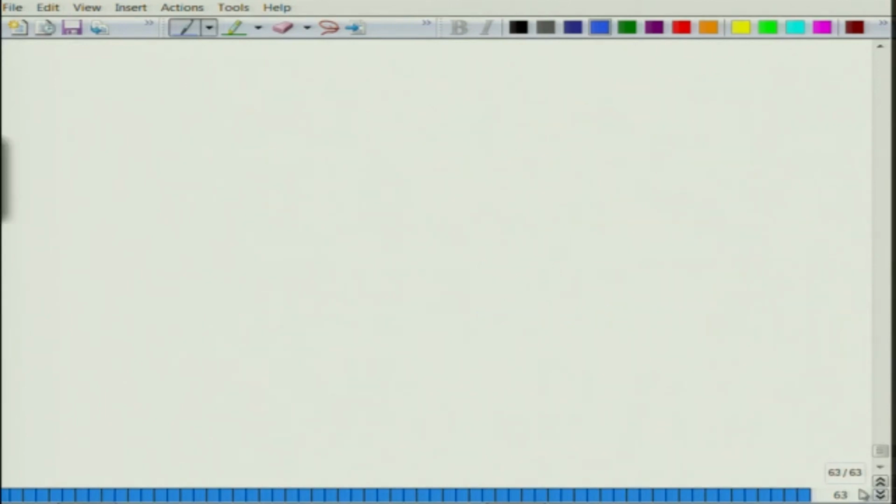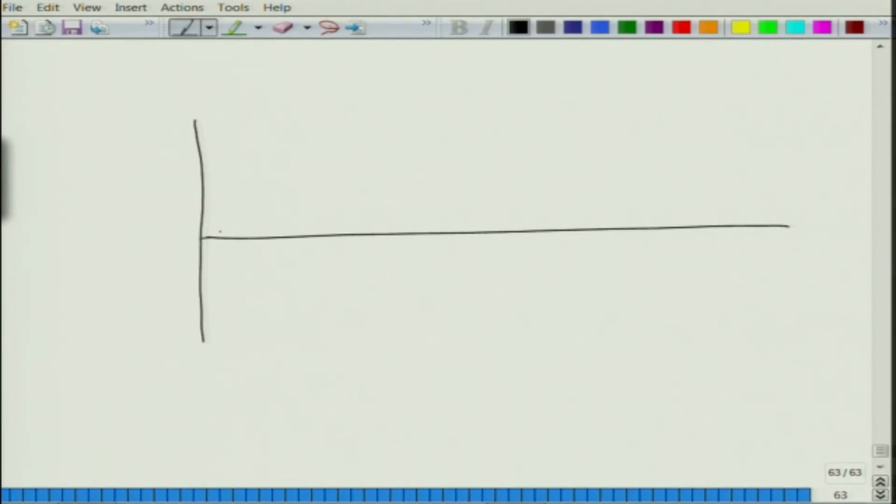Now, if we look at the variability of delta, let us try to plot it. Let us say that in this axis we are plotting delta, and in this axis we are plotting the time of the year.